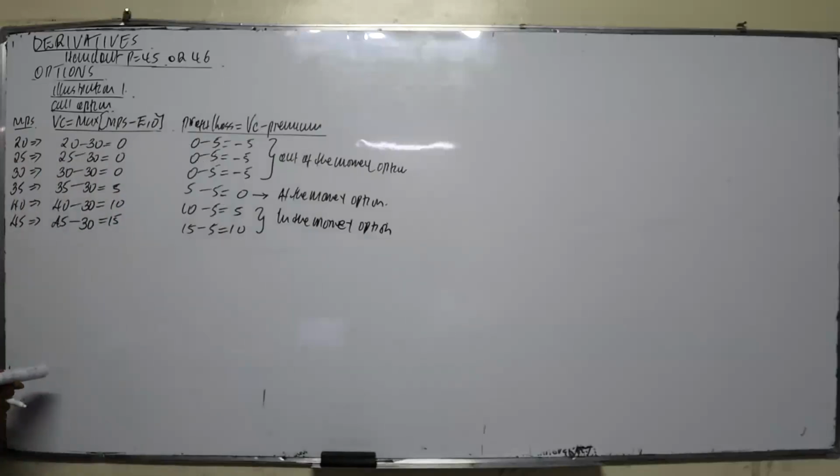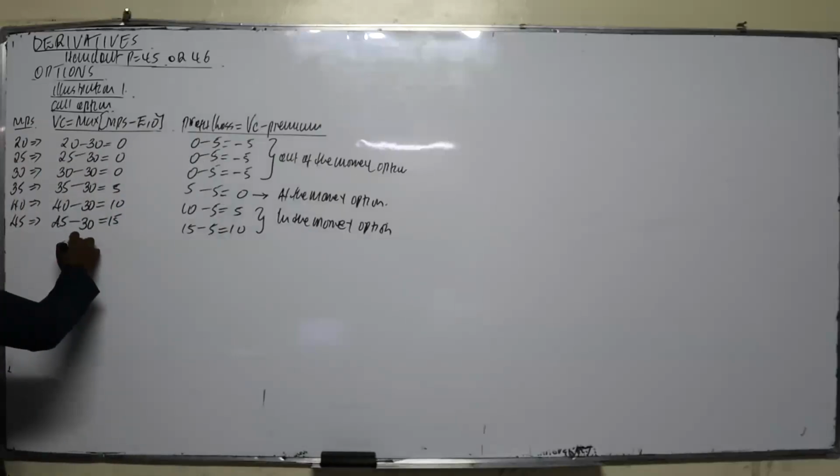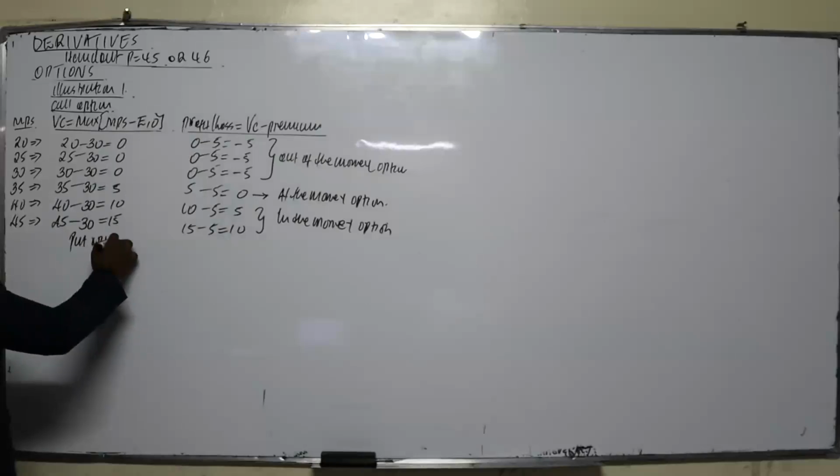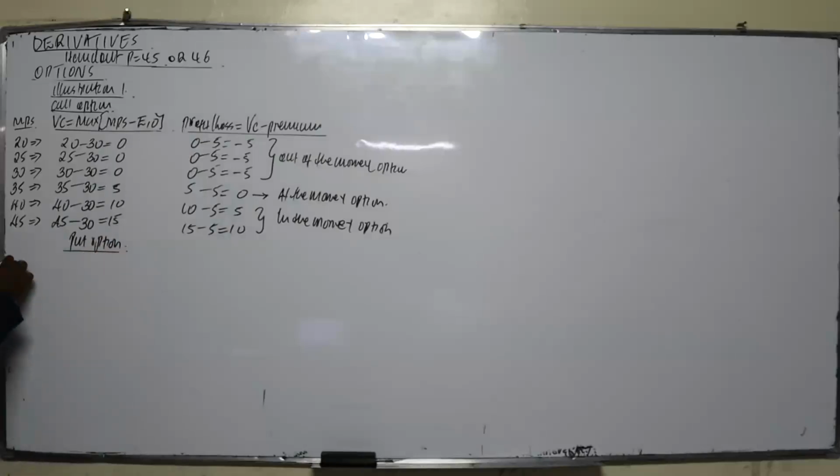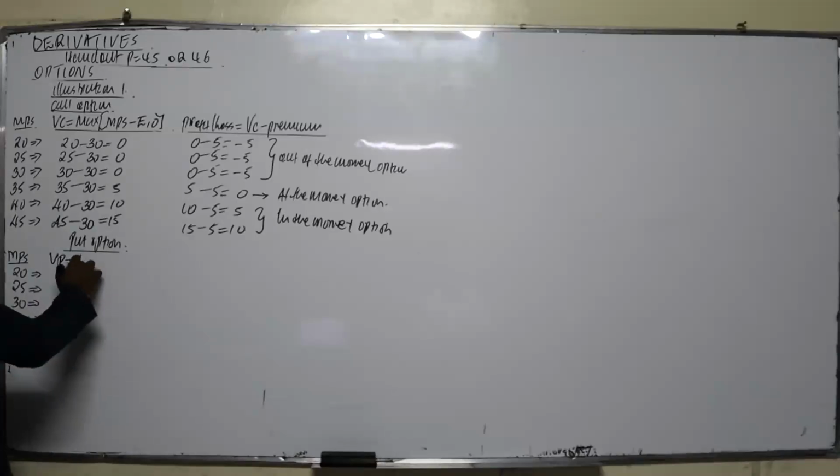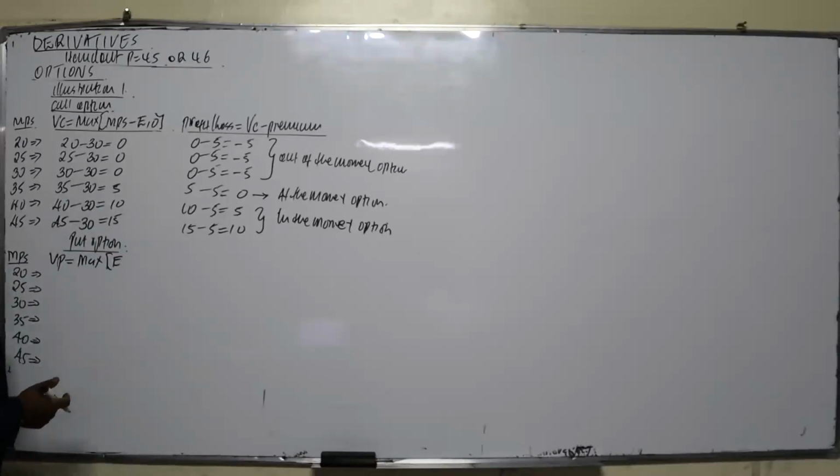Now you evaluate the same for the put. To get the value of the put, you take the max. A put gives the seller the right. So if you are selling, the price you are selling at is what you call the exercise price.